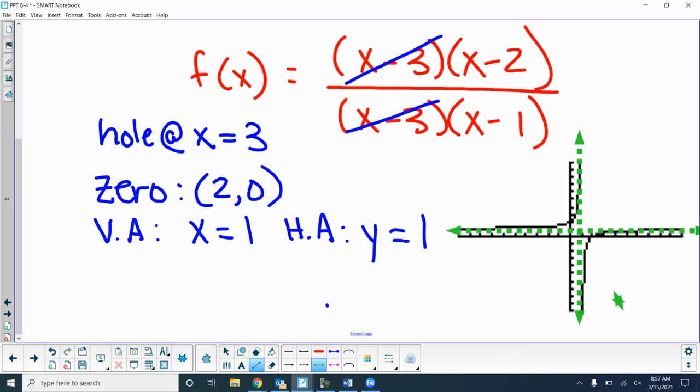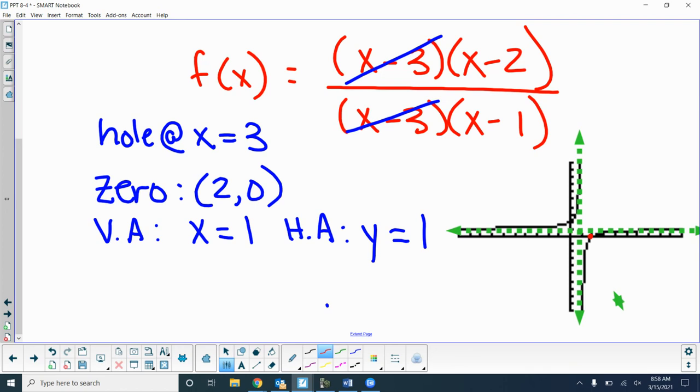Zero at 2, right here, across the x-axis. Hole at 3.